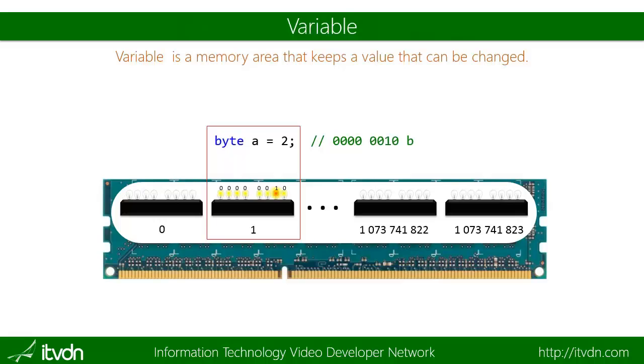Let's put the mathematics aside for a minute. Let's look at something called a variable. A variable is a memory area that keeps a value that can be changed. What does this mean?